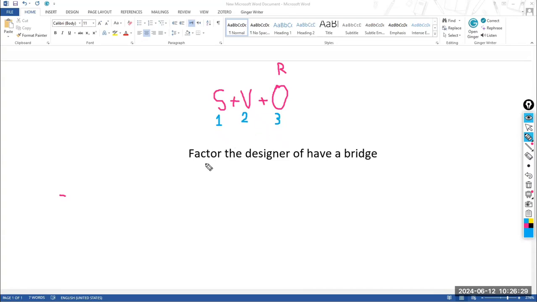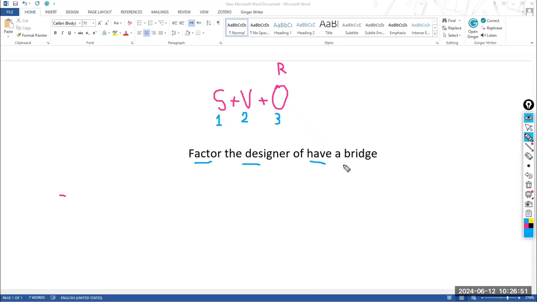Let's check them out. Factor is the subject. The designer is a noun. Of have, this is the verb. A bridge, this is the object. Okay, now this is good. But the second step you have to keep in mind is to check the meaning of the sentence. Let's read again: factor, the designer of have a bridge.